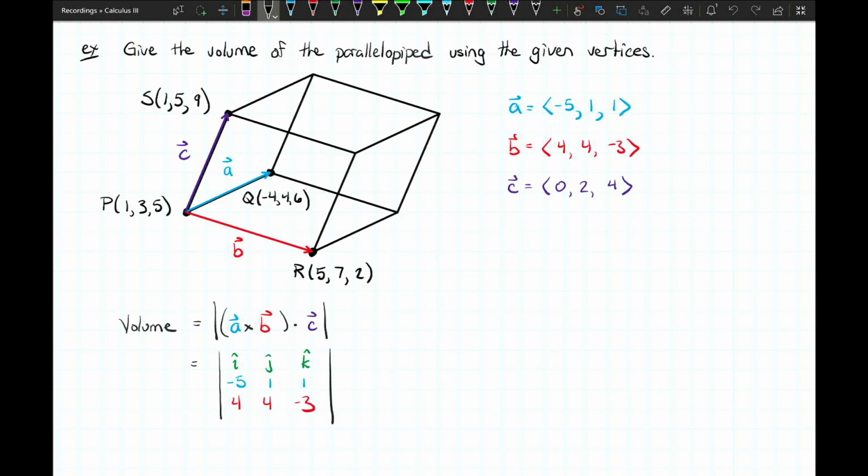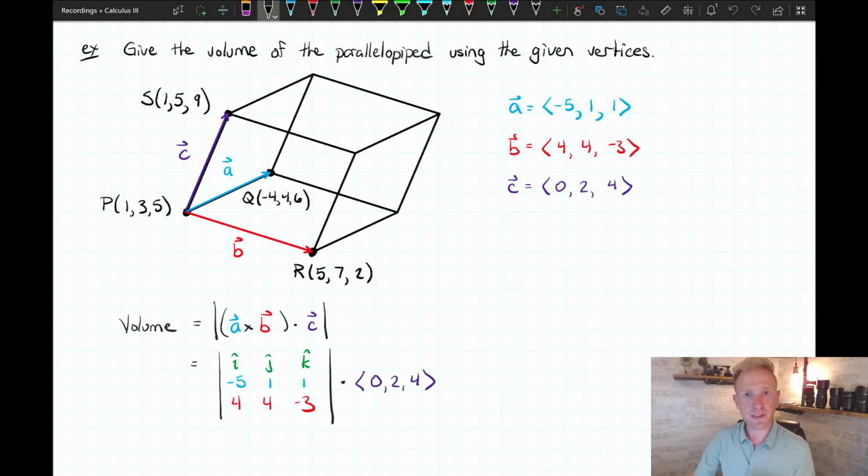We have our elementary unit vectors, I, J, and K, followed by A in the second row and B in the third row. And then we'll take the dot product of that determinant with 0, 2, 4. Now, at this point, that'll give you a little bit of a shortcut, because when we calculate the vector product, we get a vector.